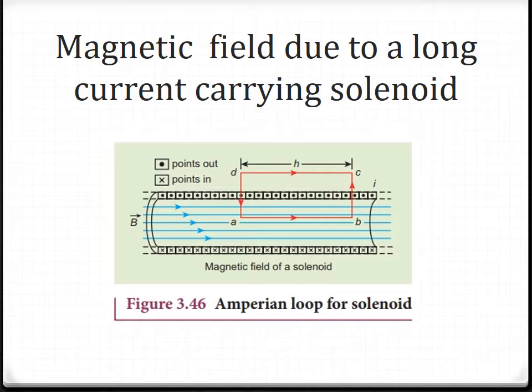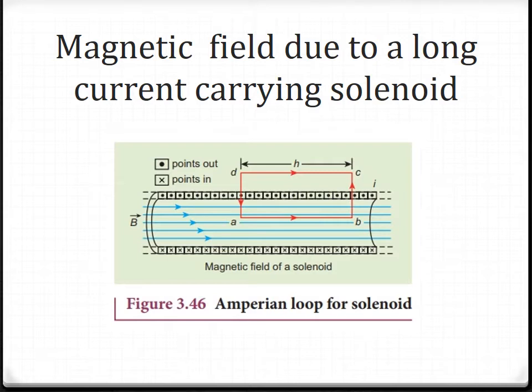Now the elemental length along BC and DA are perpendicular to the magnetic field. So BC and DA are at 90 degrees to the field. In theta form, it is B dl cos theta.